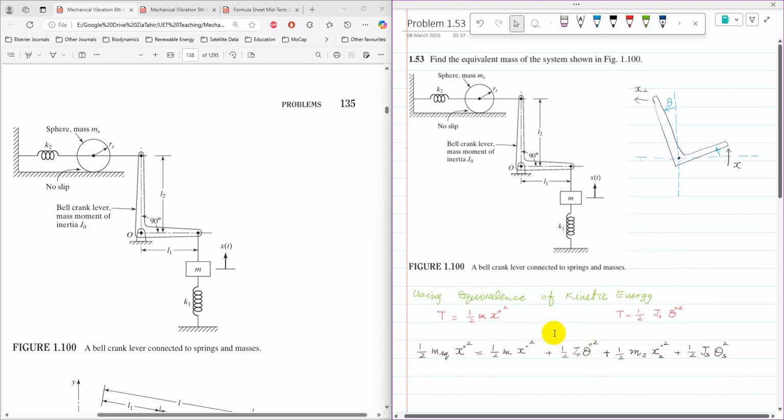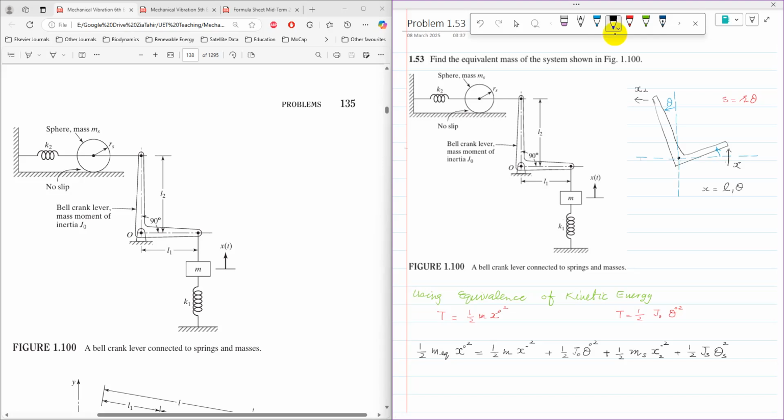So now that is the equation, and we can find M equivalent if we write theta in terms of x, x2 in terms of x, and theta s in terms of x. That is simple. For the lower end here, using s equals r theta, because that is a small rotation, x will become L1 times theta, because the radius of rotation for the lower end of the bell crank lever is L1.